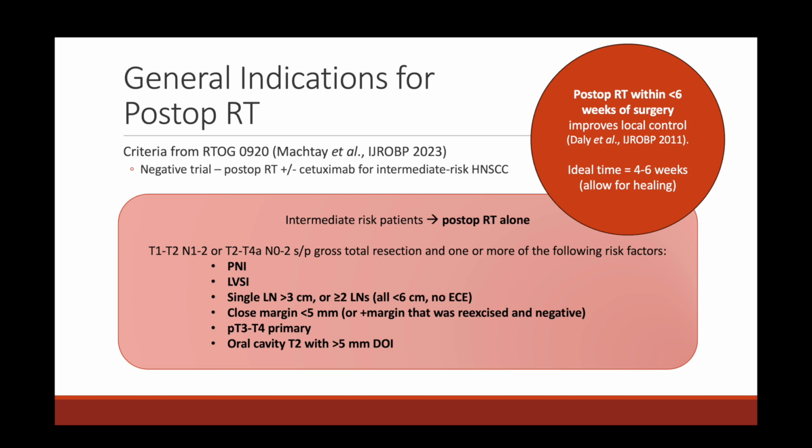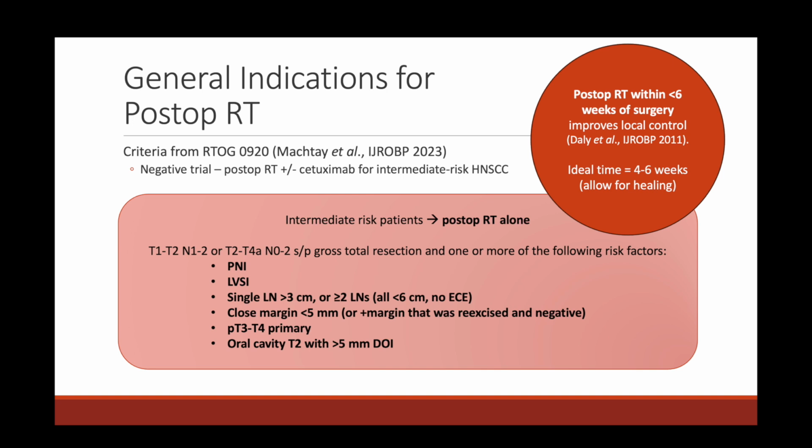The criteria that are listed here in this box are criteria from the RTOG 0920 trial, which was a negative trial, but it randomized patients undergoing post-op radiation for intermediate risk head and neck cancers to either radiation alone or radiation with cetuximab. So these intermediate risk factors that were used in this trial are really important for us to know.